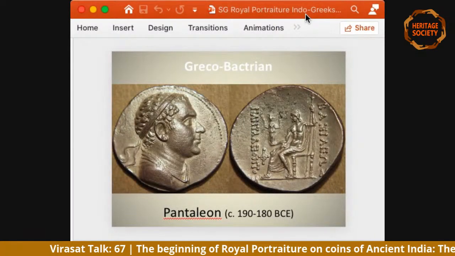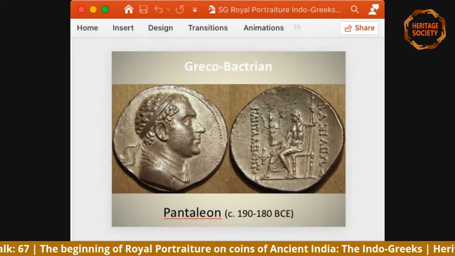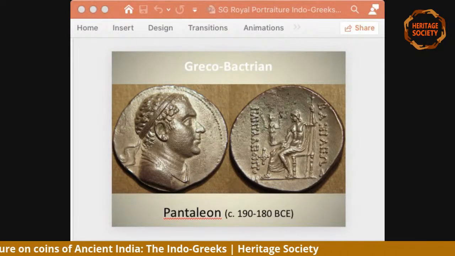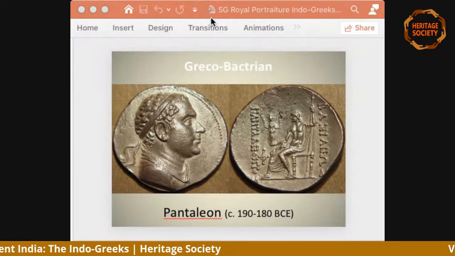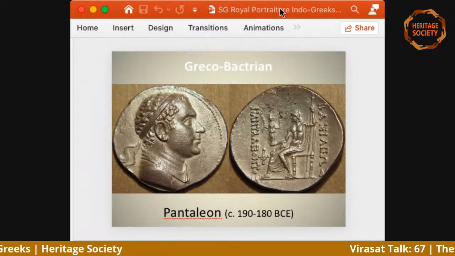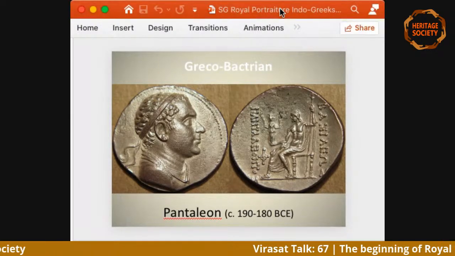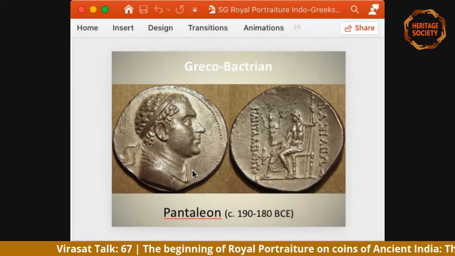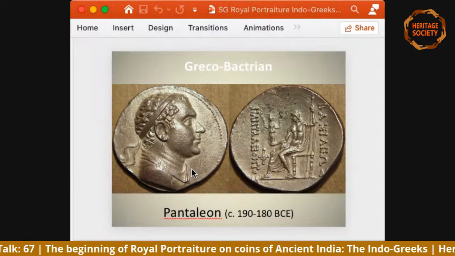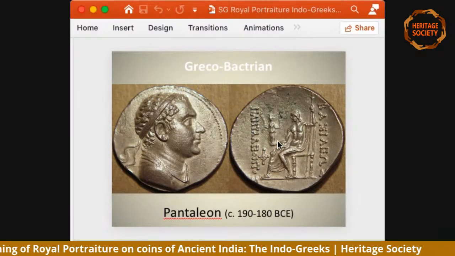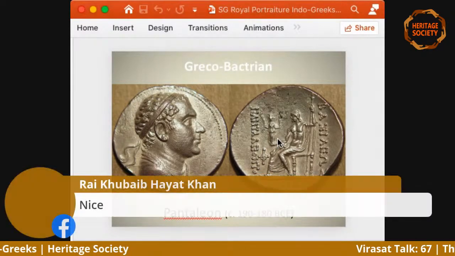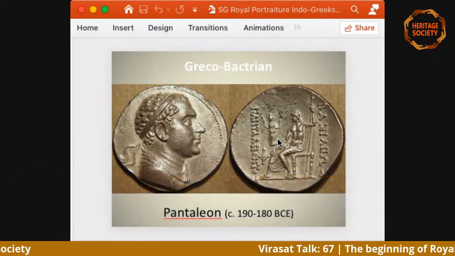Next one. Again, a very interesting coin of the king Pantaleon. So Pantaleon is here shown again with the diadem, slightly bulky bust, and on the reverse you see Zeus enthroned and holding, as before, the goddess Hecate in one of his outstretched hands.